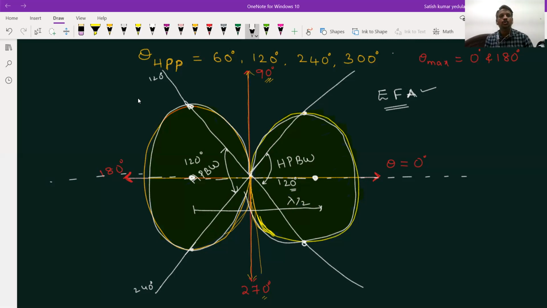You just need to join all the elements of an antenna array and you will get the array axis. For that axis, if the radiation pattern is perpendicular, then that array is a broadside array. If the radiation pattern is along the array axis, that is an end-fire array.